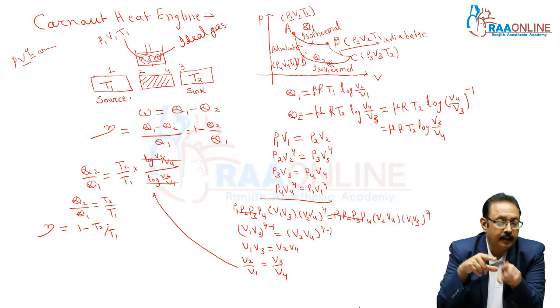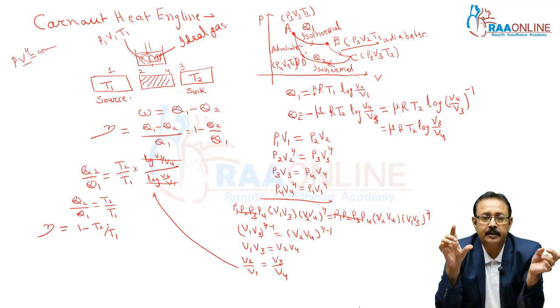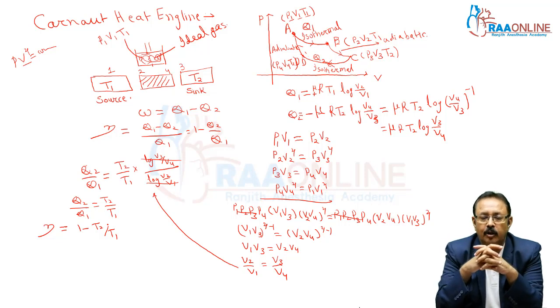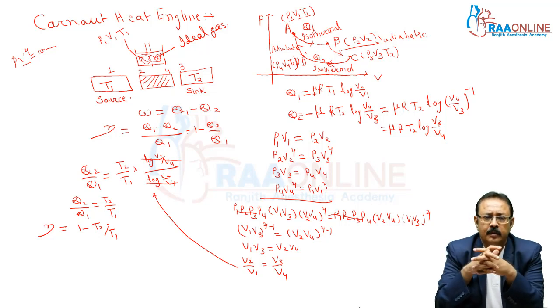That's why Kelvin and Planck stated in the second law of thermodynamics that it is not possible to convert 100% of the heat energy which you got from the source into useful work. Getting my point? You can get one problem on this concept in competitive exams. On heat engines, nearly every year we are getting one problem.